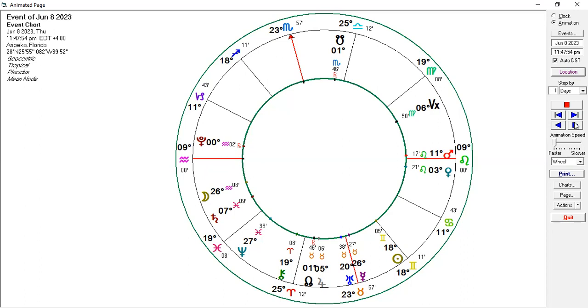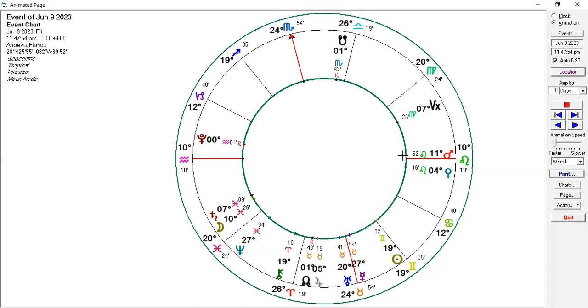So we still have that instability there. And the last time that was going on, when it went the other way, we had some bank instability. Expect that again. When it does this, it could also give us some clues or foreshadows of what the rest of the year is going to be like, as soon as this moves back into Capricorn on Saturday. All right.